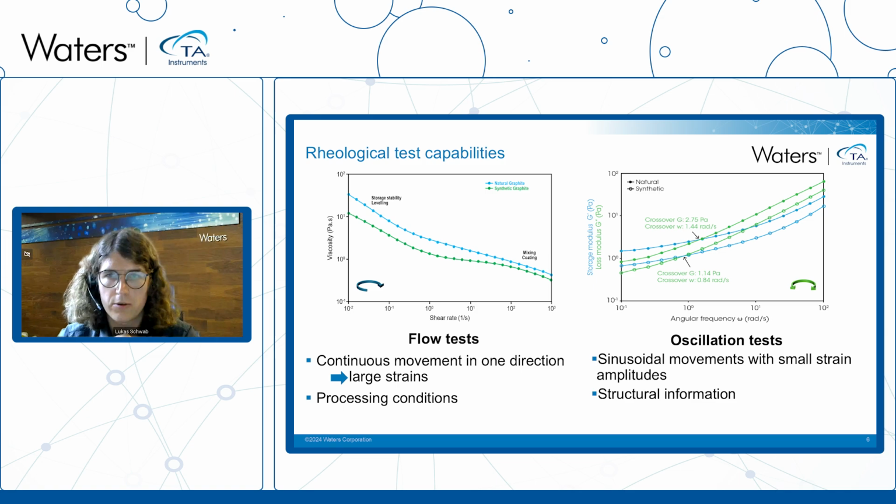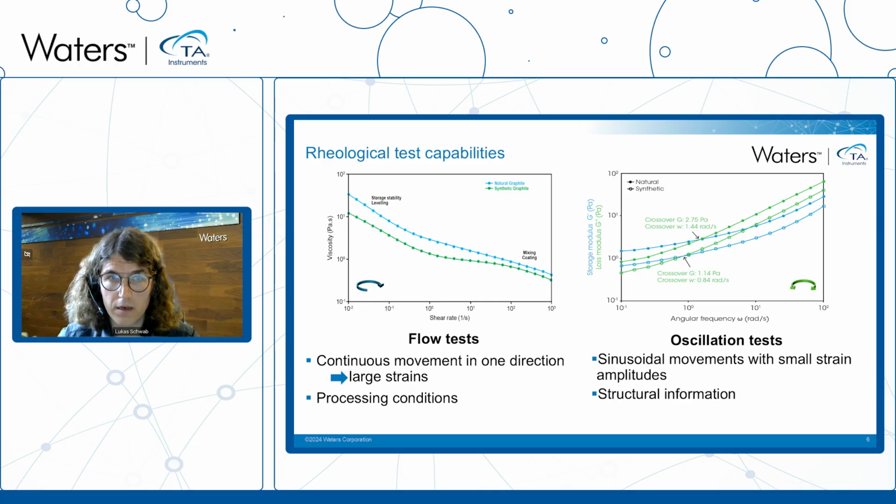So we start here on the left side with very slow movements, where we get an indication of the sample behavior during storage, or the leveling behavior of the sample after the coating. When we increase the speed, so when we go more to the right, we see a decrease in the viscosity.